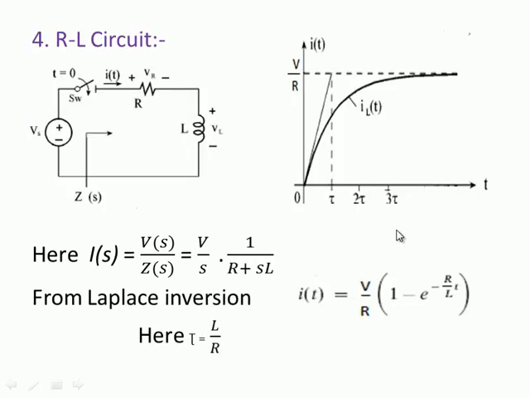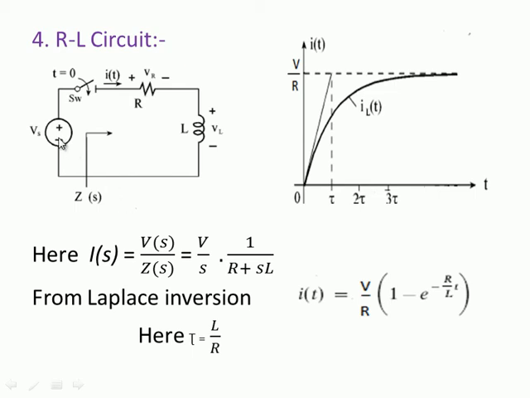So let us move to the next one, the RL circuit, or what we generally call the series RL circuit. You may have gone through this in your basic electrical, network analysis, or signals and systems. Let us revise it here again. There is an RL circuit.